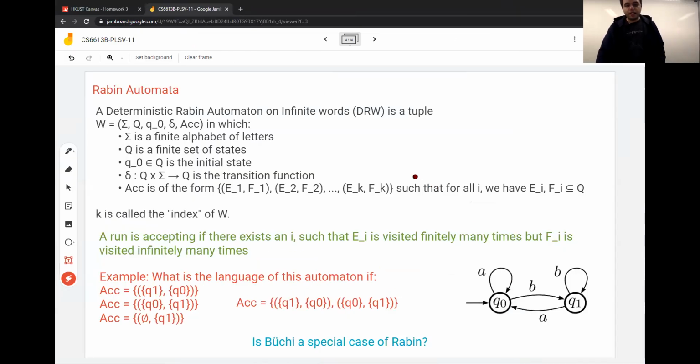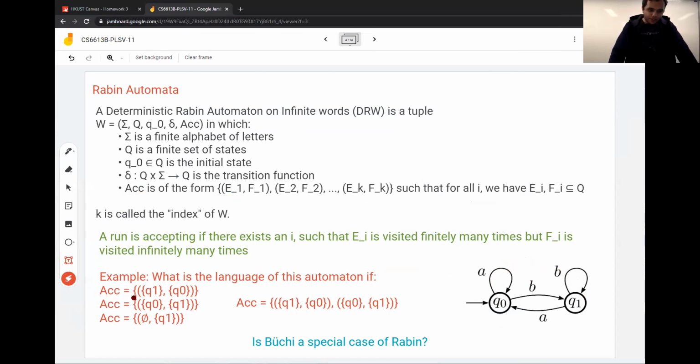Okay, so consider this automaton, and let's look at different Rabin accepting conditions and see what languages they give us. So what happens if my accepting condition is this? I know that the brackets seem kind of crazy, but basically the acceptance condition is a set of pairs of sets.